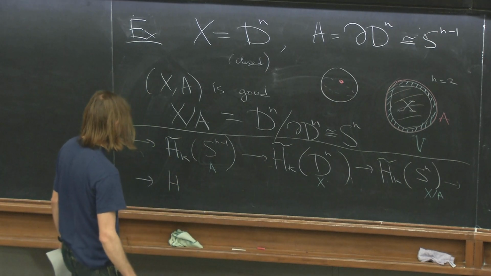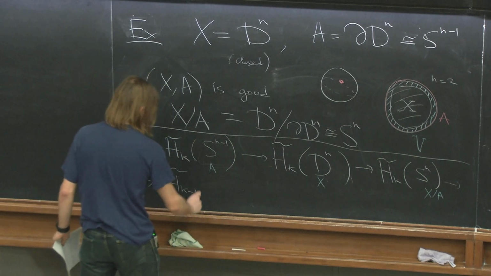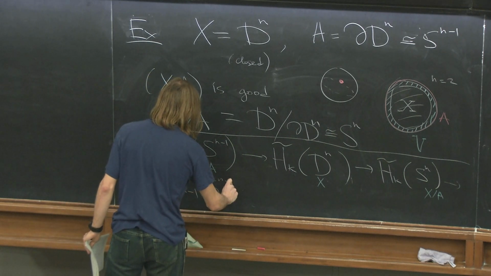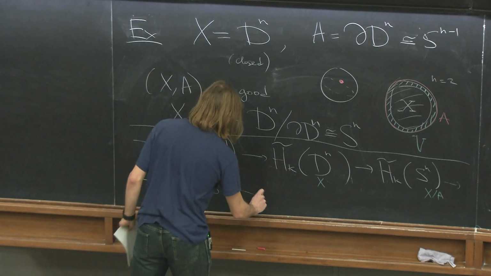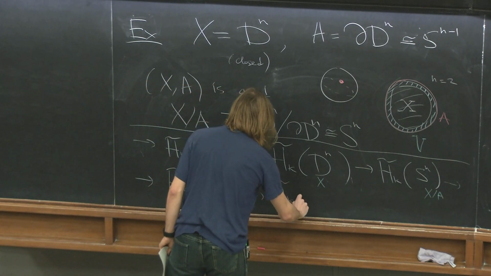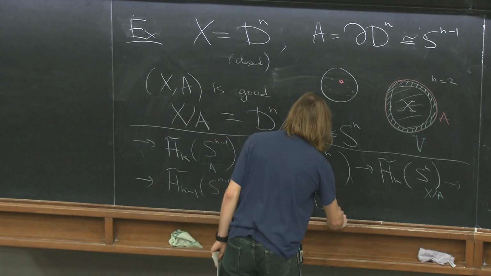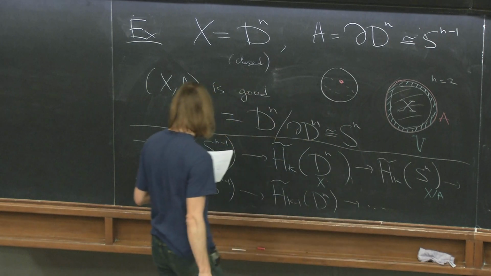The next row is the homology group again of the n-1 dimensional sphere, and then again the homology group of the disk, and so on.